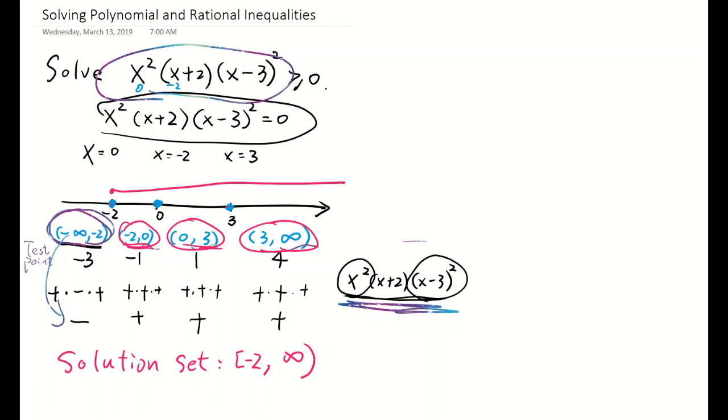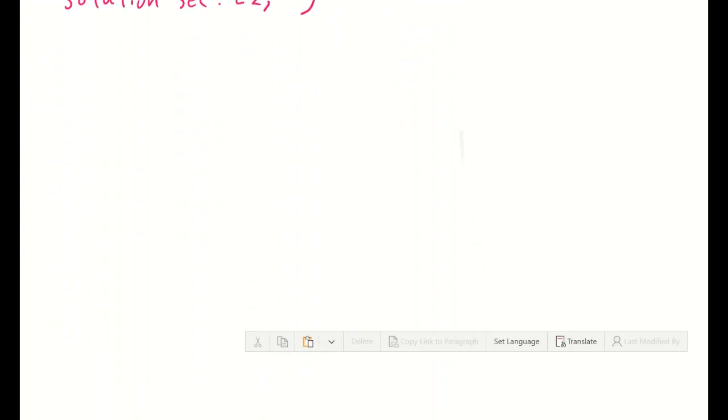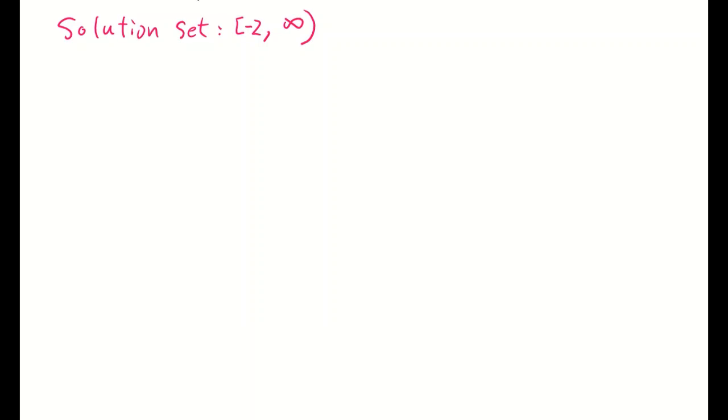Okay, so now we will solve a rational inequality. Let me write rational inequalities. Say, solve this rational inequality: (x minus 5) squared over (x plus 2)(x minus 1).